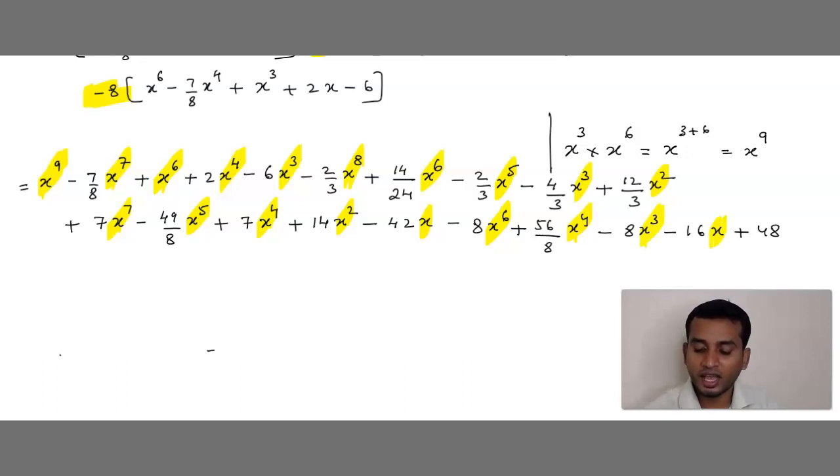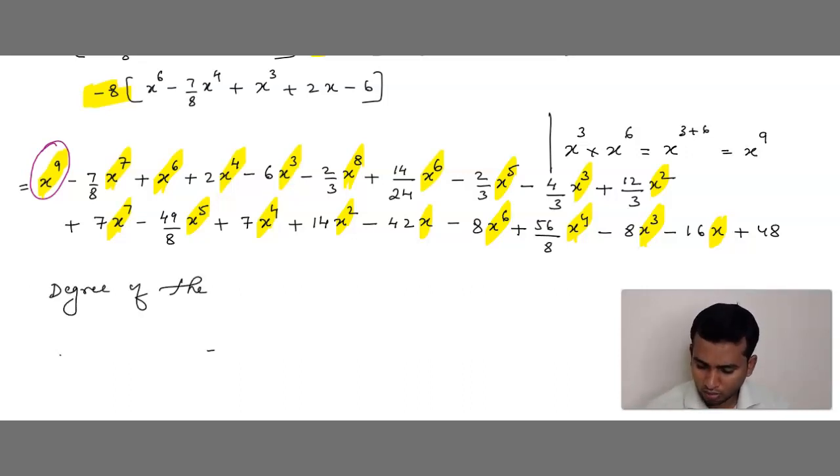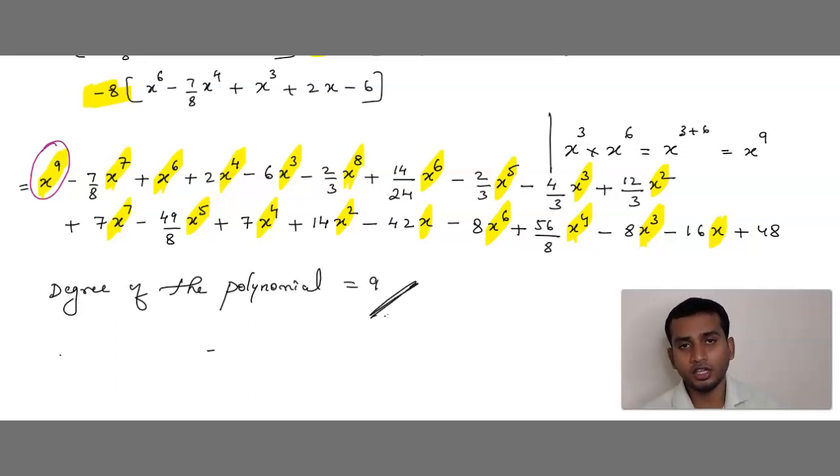The highest power is x power 9. So the degree of the polynomial is 9.